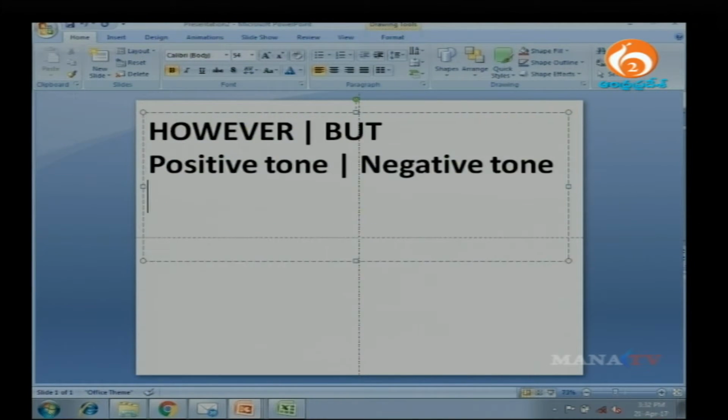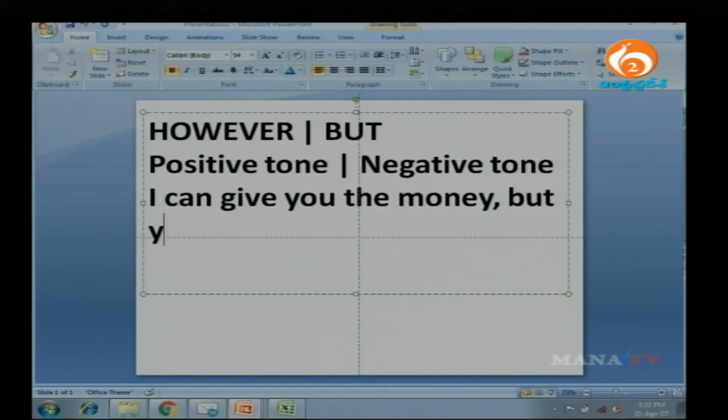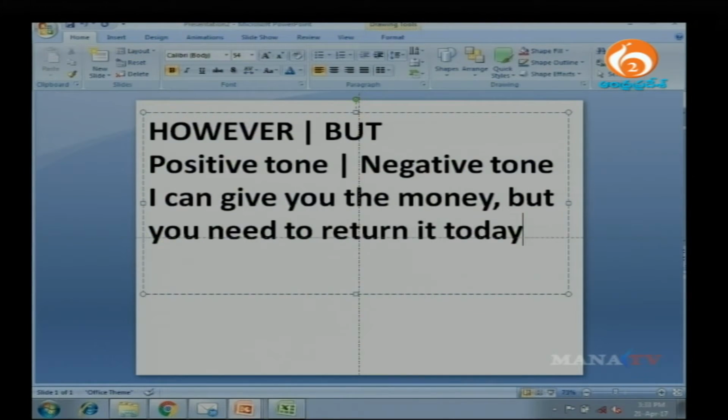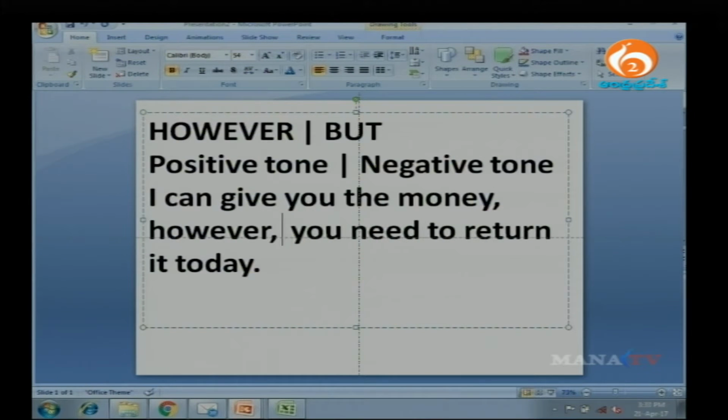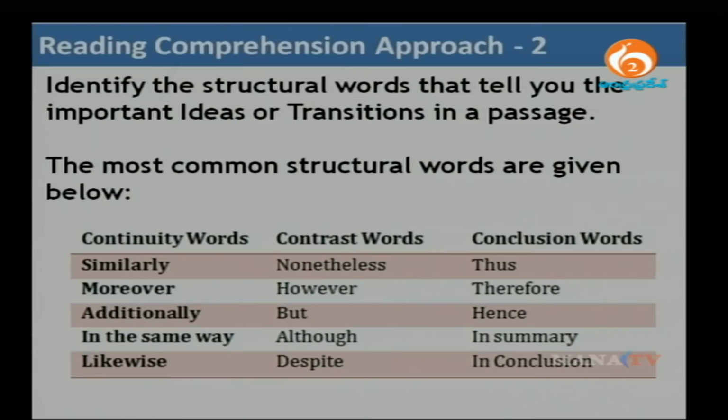All right? For example, I can give you the money, but you need to return it today. Instead of but, if I use however, it sounds more positive, but both are contrarian words or contrast words. Likewise, but, although, despite.